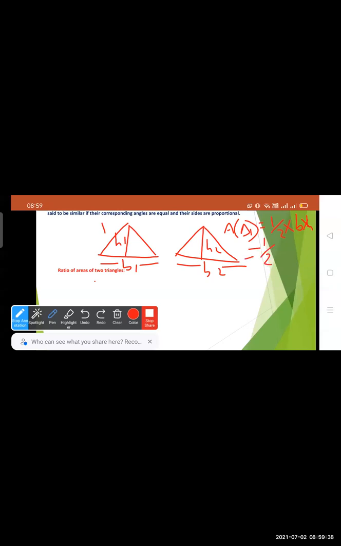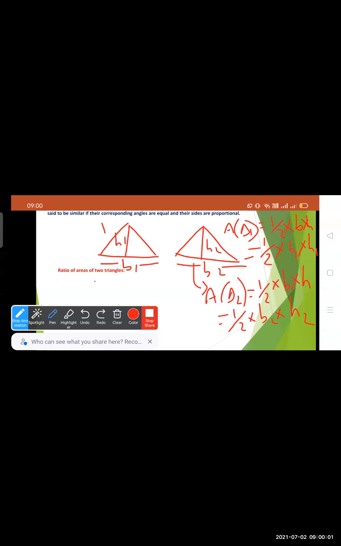So here base is B1 and height is H1. Clear? Then we find the area of the other triangle, the second triangle. Again, we write the formula half into base into height. So here base is B2 and height is H2.